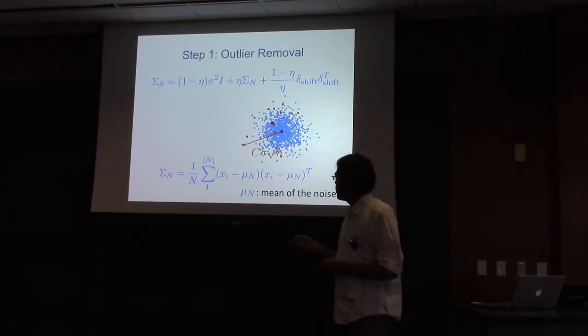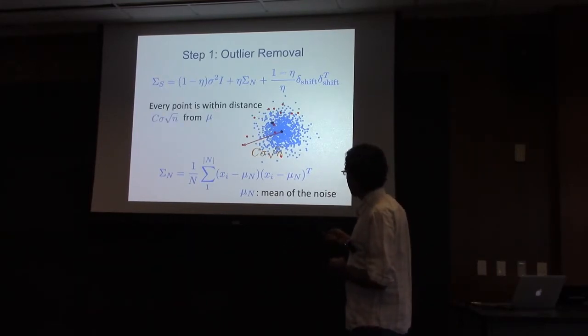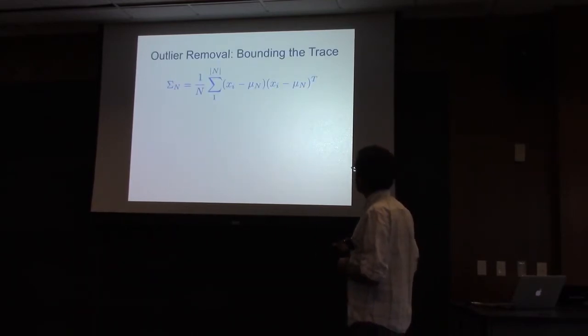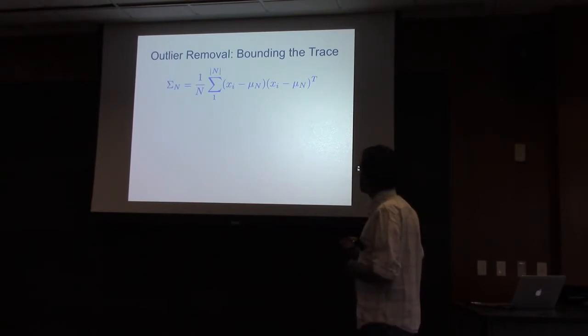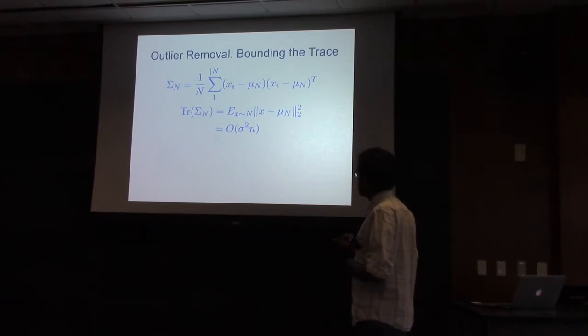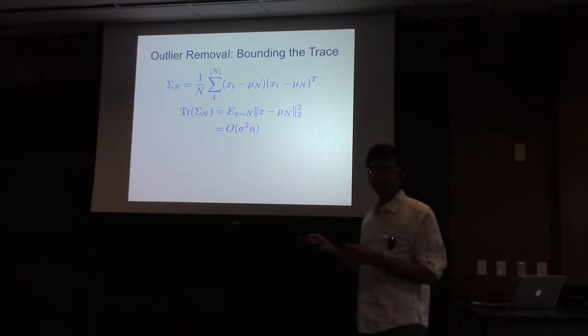Now, if you look at the covariance matrix of just the noise points, and look at the trace of those, it's equal to the expected squared distance from the mean.